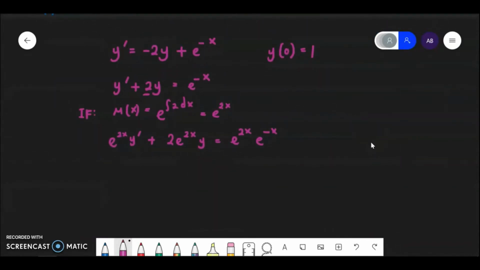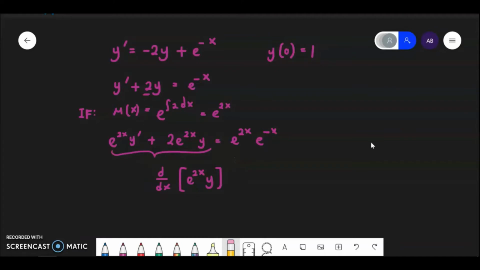Okay, now what do you do here? This term here is the same as d over dx of e^2x y. This is the way you read it.